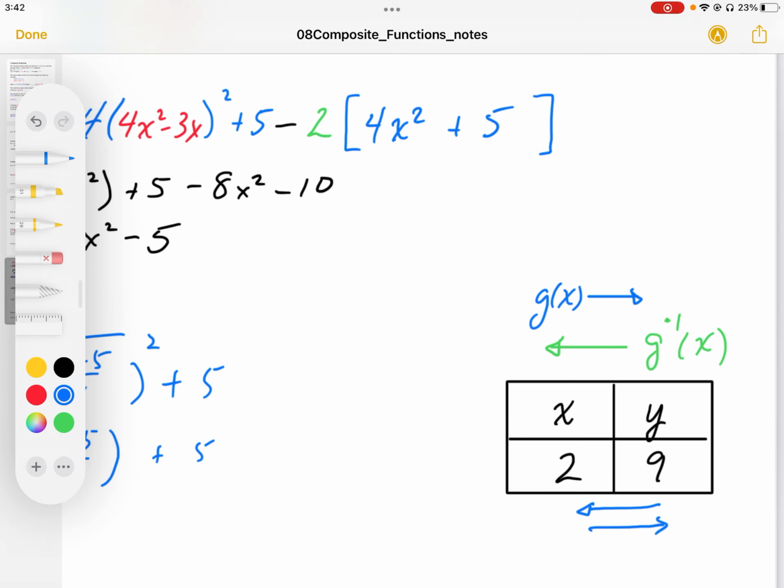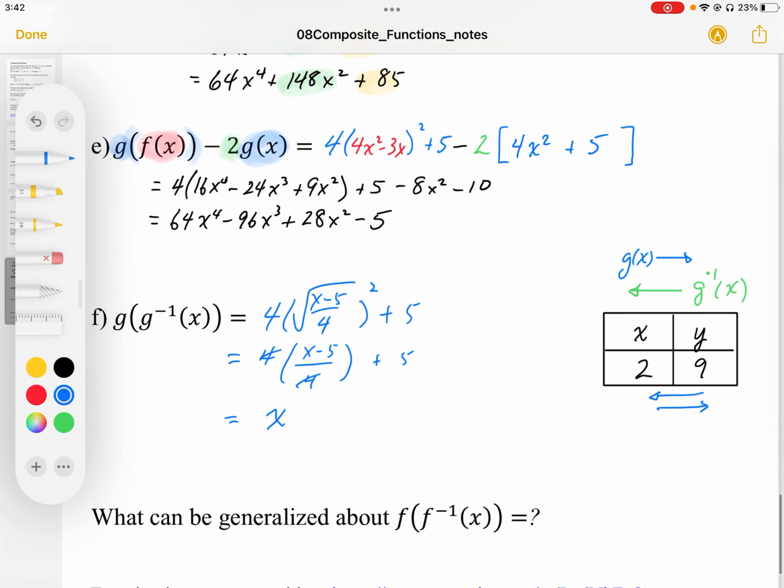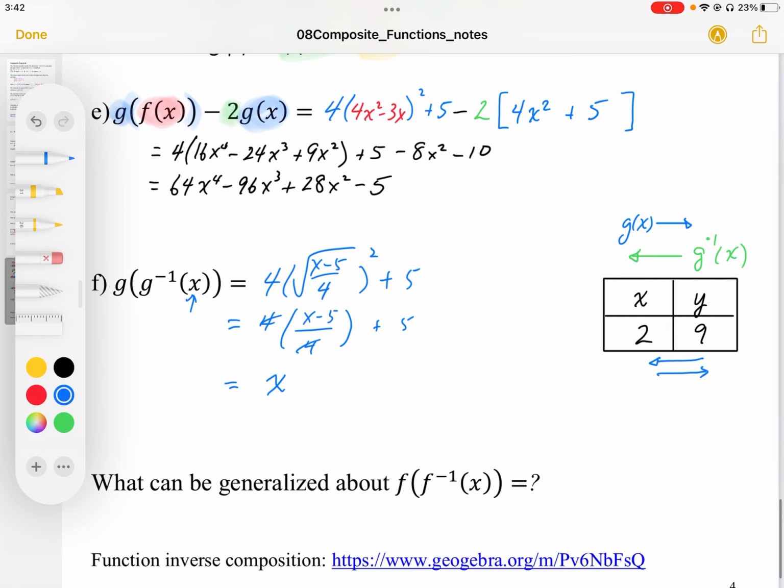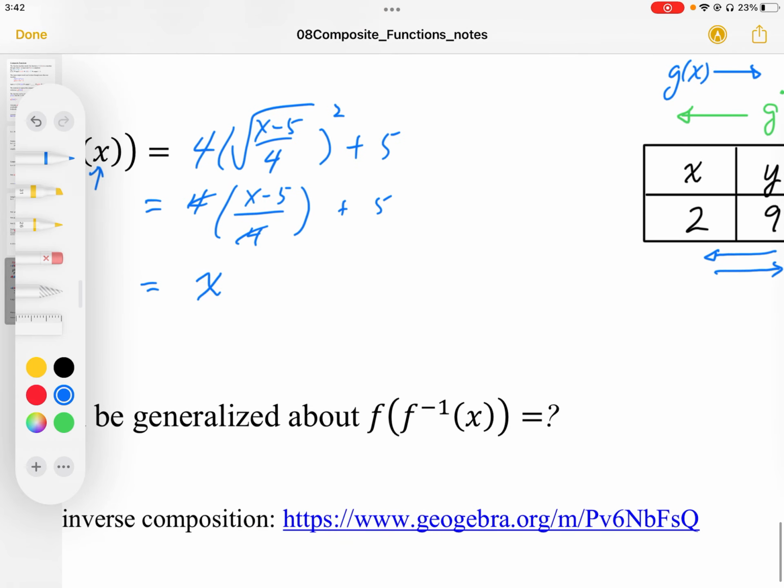So whatever my input is going to end up being my output whenever I do the embedded inverse with the original function. So here my input was x, so I'm going to just end up with whatever I started with. And in fact, this can always be generalized by applying an inverse and the function together. We always end up with whatever we started with.